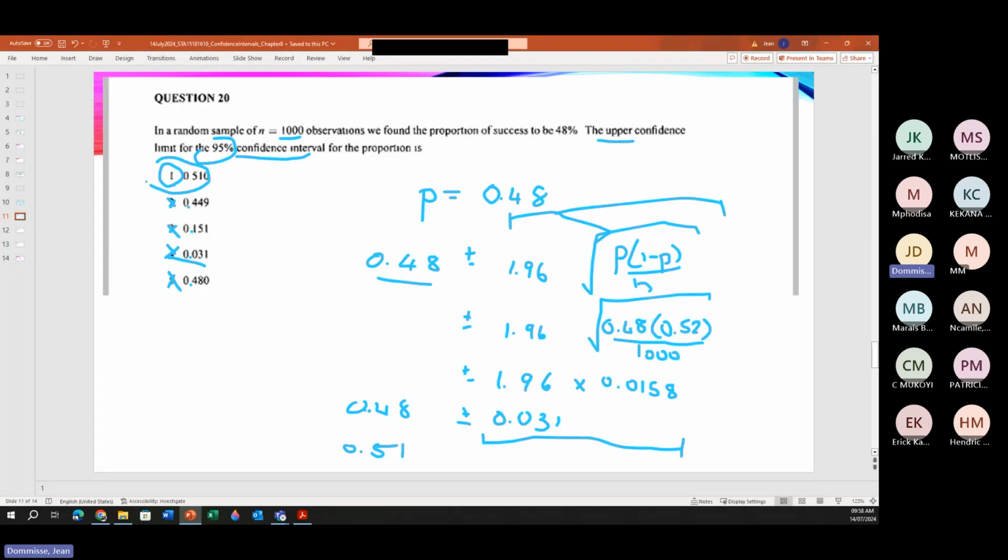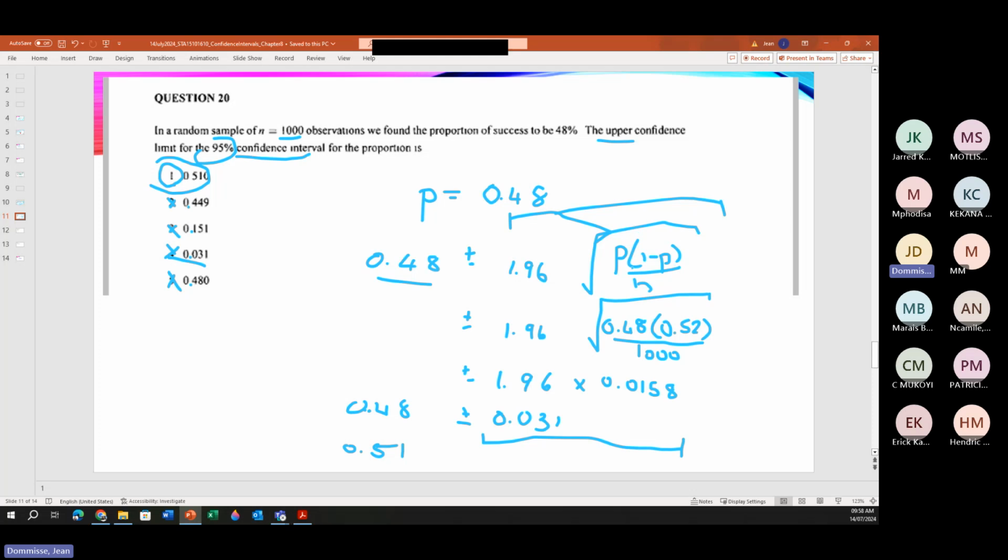So again, just be careful also in what they might ask you. They might still have asked you to work out the standard error.